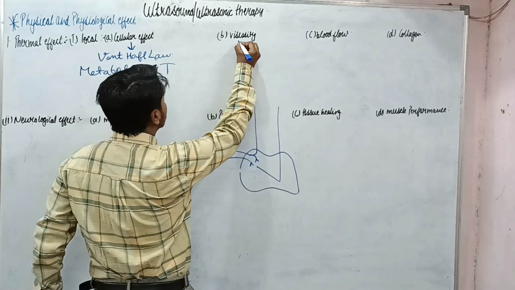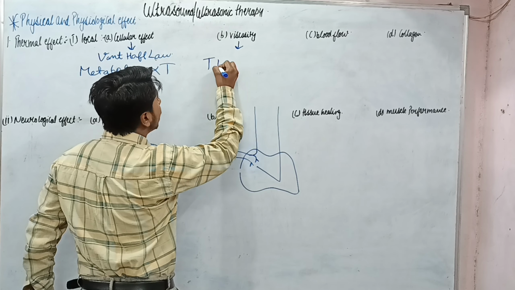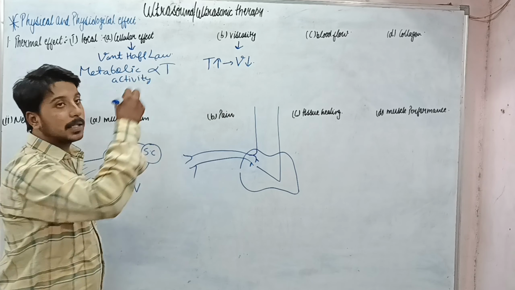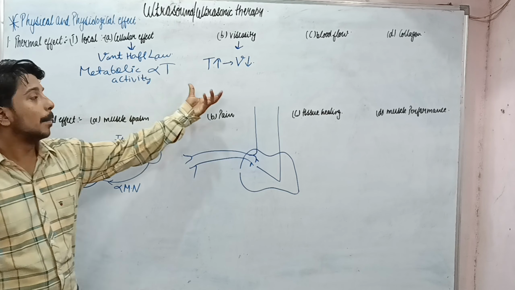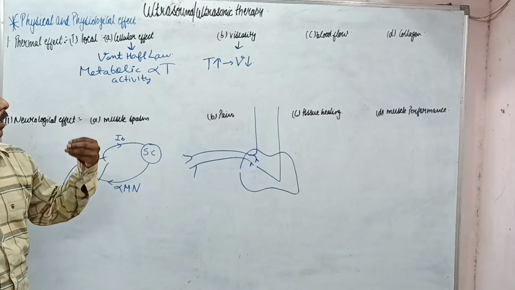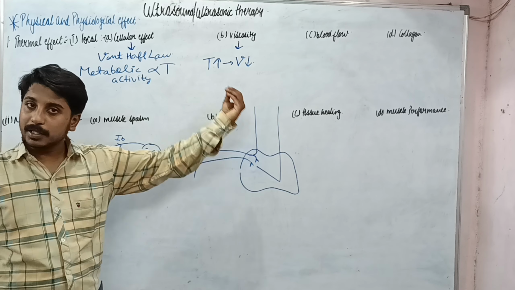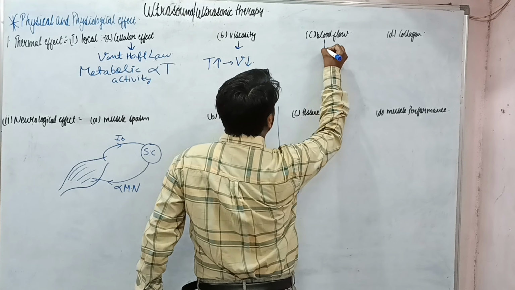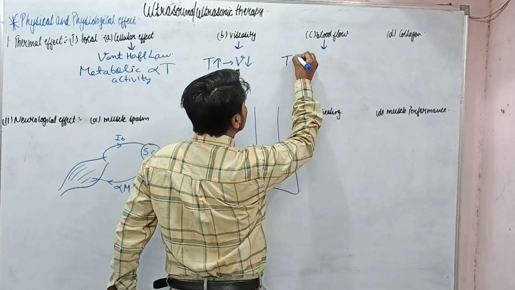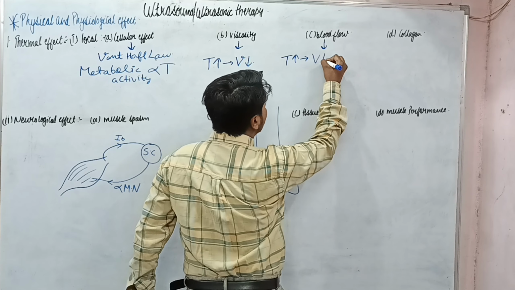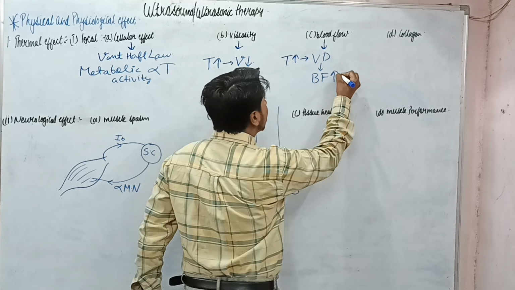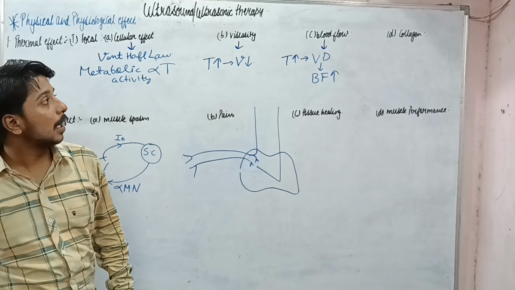Second is viscosity. It is simple, as temperature increases, viscosity decreases, and it is the viscosity of our blood, blood and body fluid. Then blood flow: as the temperature is increasing, it will cause vasodilation, so the blood flow will be increased and further effects are produced.